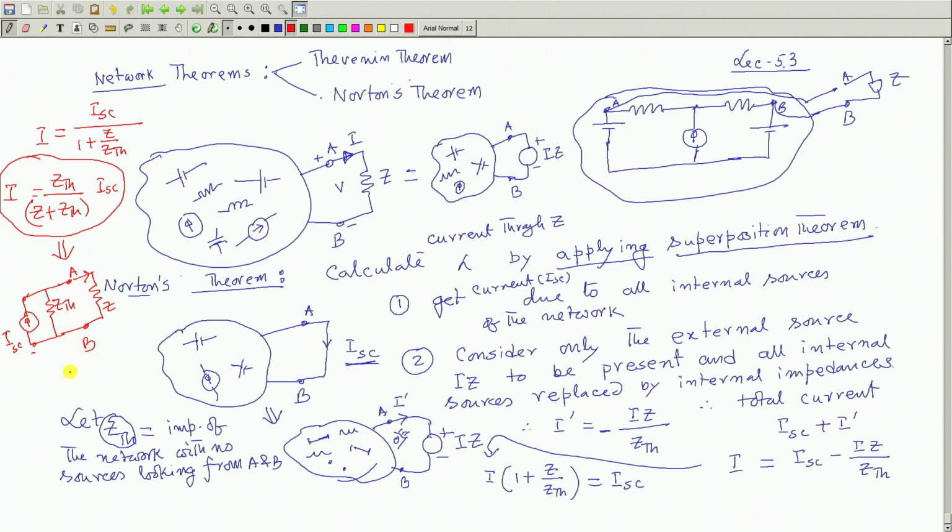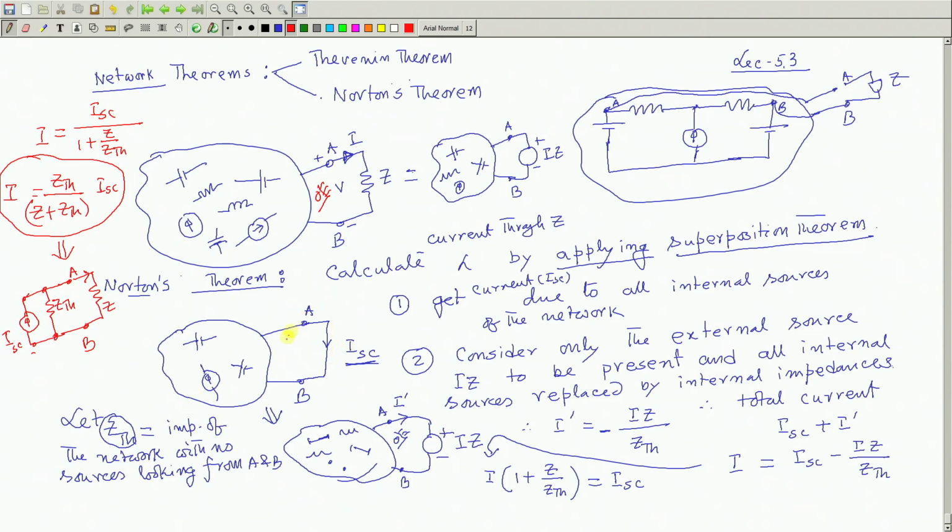Therefore, the conclusion is, for any network across which an impedance Z is connected, where I want to find out the load current, I can do it by other methods, that is a different issue. Now, I am telling that behind points A and B, the network can be modeled as a current source I SC in parallel with an impedance Z Thevenin's. Now, what is this I SC?